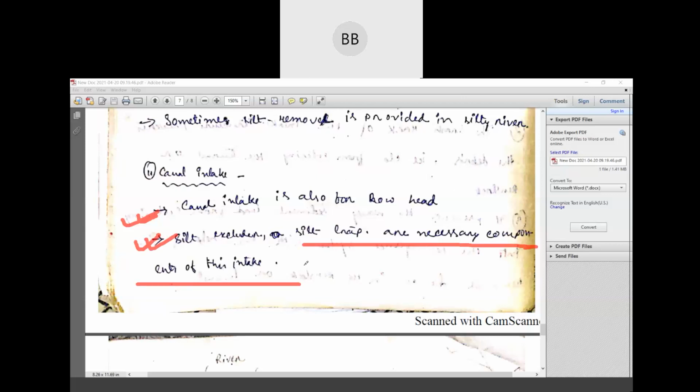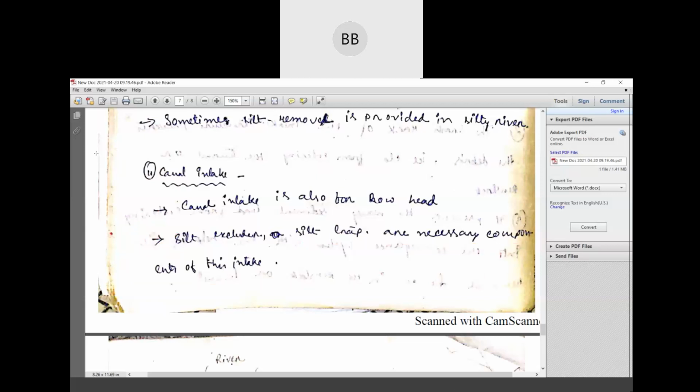That means in canal intake, these components are necessary, because we install this kind of intake structure only when a river contains lots of silt. Otherwise we will go for our first case, the run of river intake.